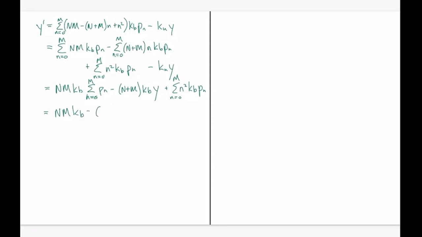And then we have minus n plus m kby, plus, oh, I've forgotten a term, didn't I? I forgot the ku times y. Minus k unbinding times y. And now this one, I can factor out some terms. So let's factor out just the kb. Summation from n equals 0 to m of n squared pn minus kuy.